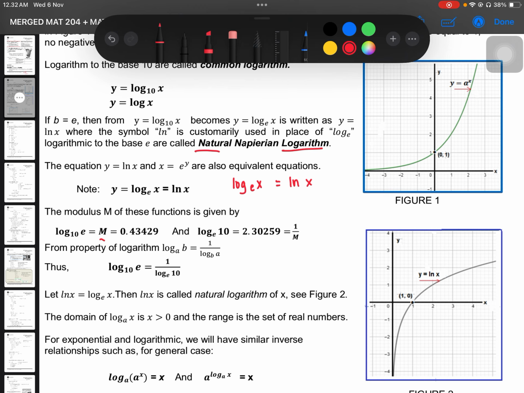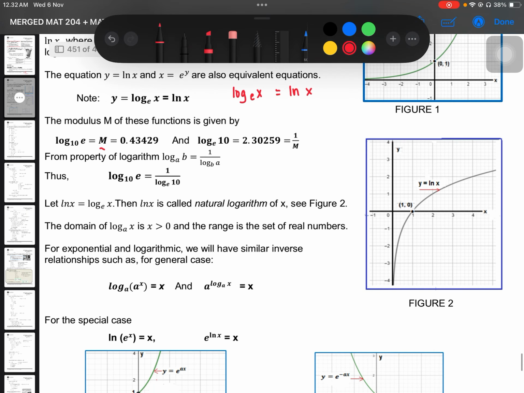And then, ganito naman, kapag naman logarithm of 10 to the base e, yan ay reciprocal ng modulus m, which is equivalent to 2.30259, etc. Okay? But, that is just the reciprocal wherein 1 over m.